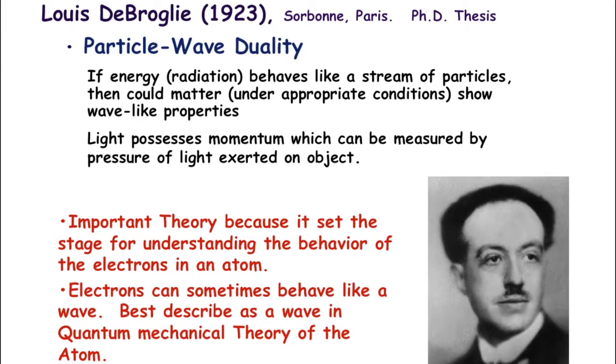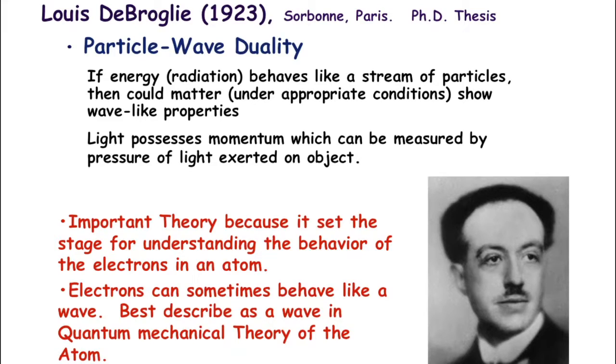He is the only graduate student, PhD candidate, that has ever won a Nobel Prize, because he did prove that you can take any matter, you and I actually, and calculate a wavelength. We can calculate our wavelength. Anyway, that's beyond us, but he did say that particles have wave-like properties.